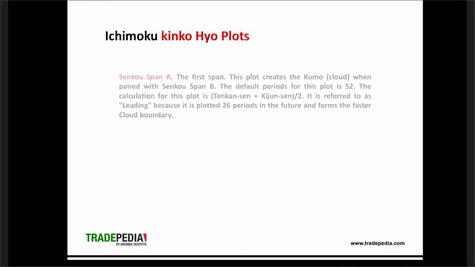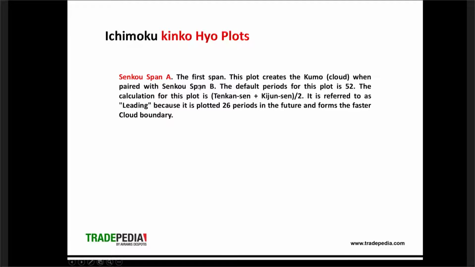Now, next 2 lines that we're going to see are the Senkou Span A and the Senkou Span B, which when put together, they create that shaded area that we saw earlier. So if we see them one by one, first the Senkou Span A being the first span. Now, as we said, this, along with the Senkou Span B, are going to create the cloud or the Kumo, which is that shaded area we're going to see in a while. Now, the calculation for the Senkou Span A uses the 52 periods.